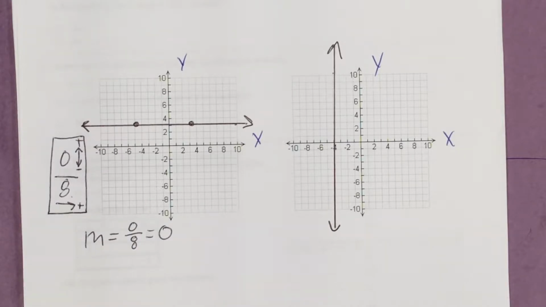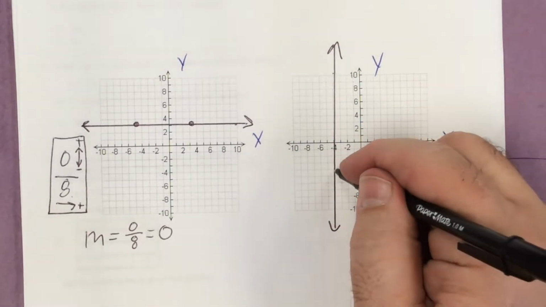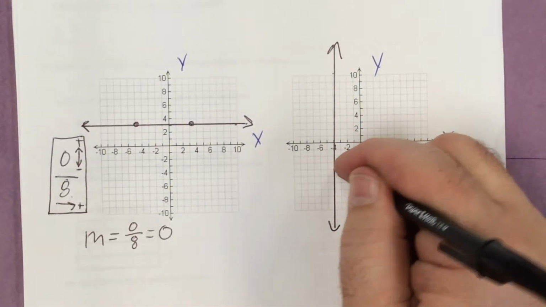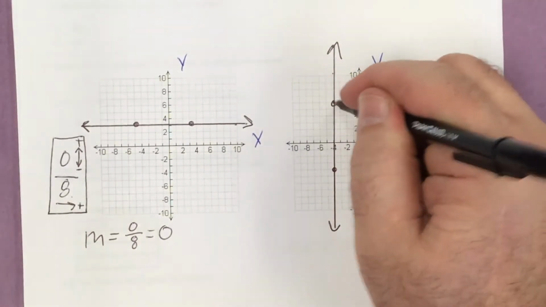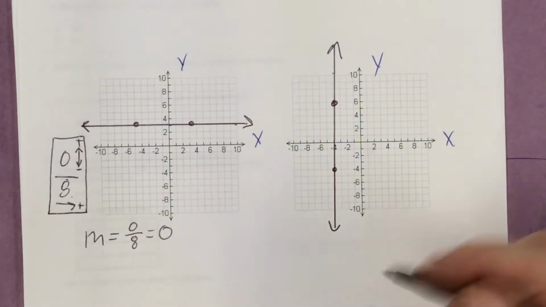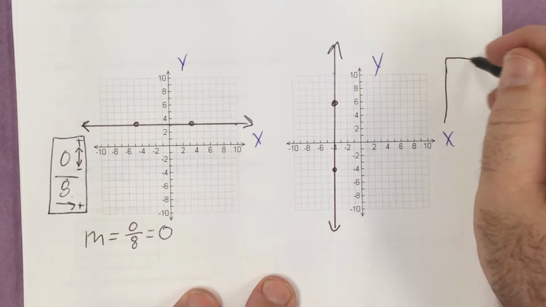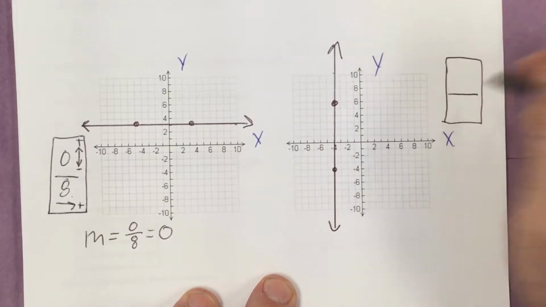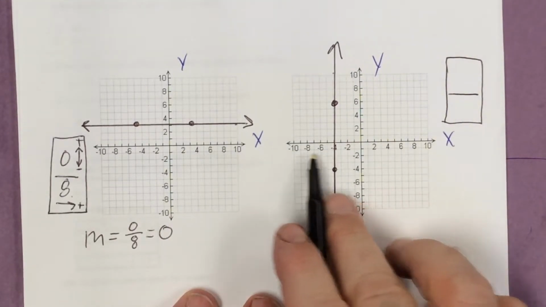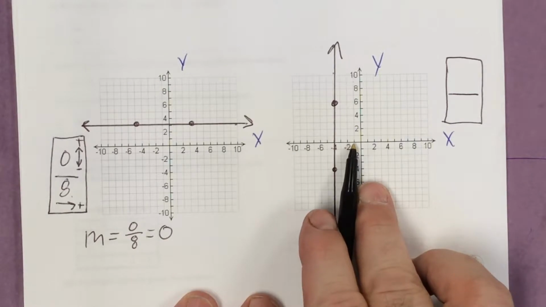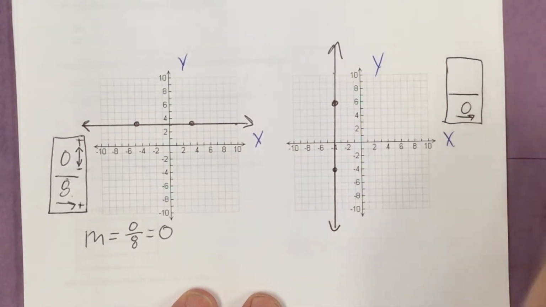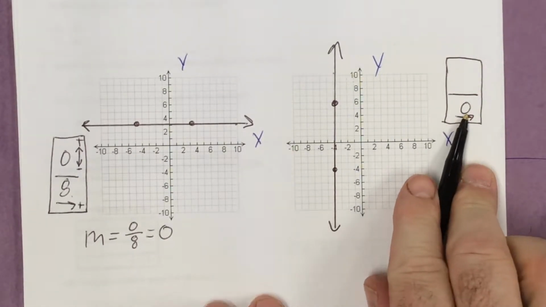Let's take a look at the last problem to see how this plays out. So let me just put a couple points here. And as I go left to right, I'll put my slope box over here now. As I go left to right, there's no change left to right. So we're going to capture that with a 0 here.